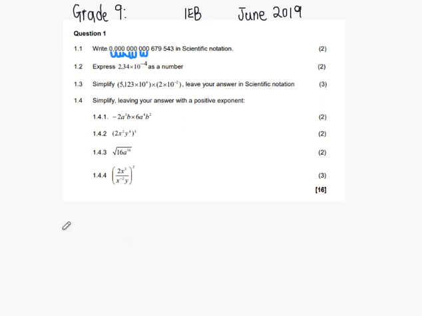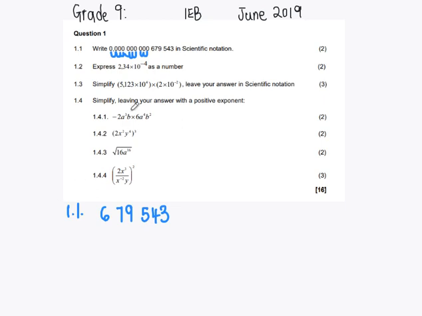So the first thing you do is write down the first non-zero number and start from there. So 1.1. The first non-zero number is 6, 7, 9, 5, 4, 3.